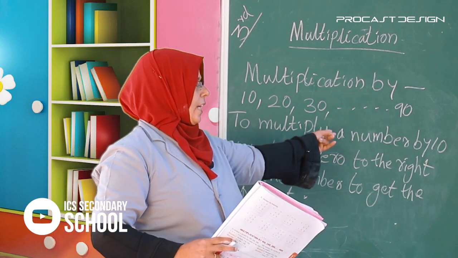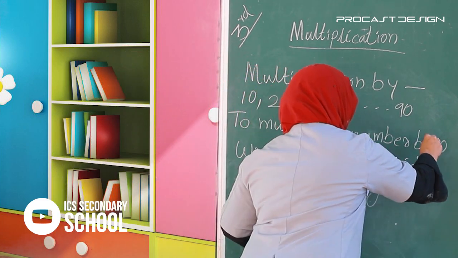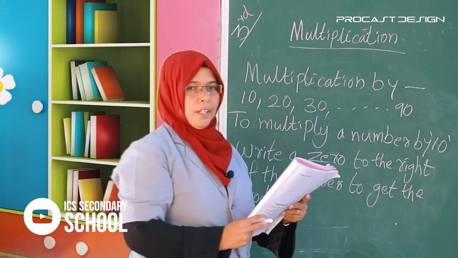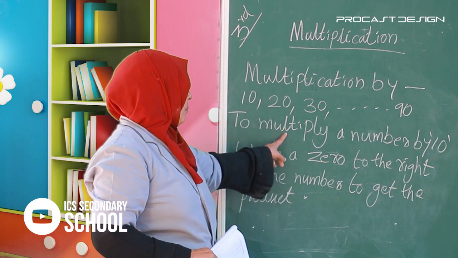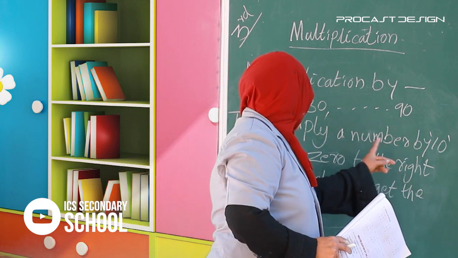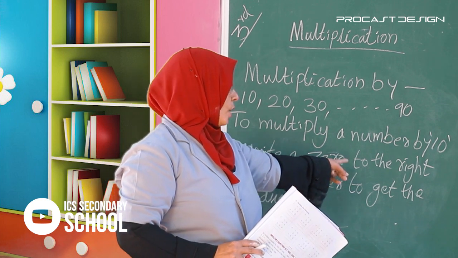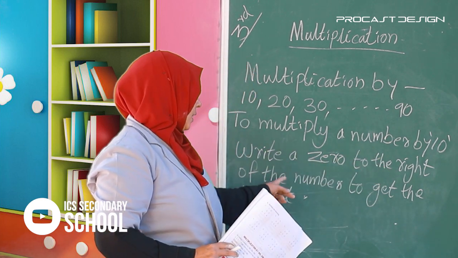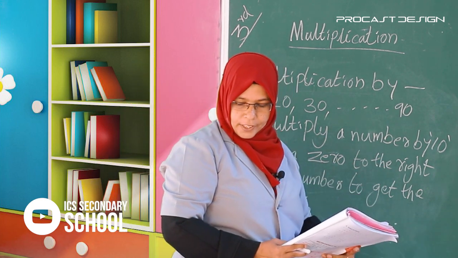Listen carefully. To multiply a number by 10, write a 0 to the right of the number to get the product.